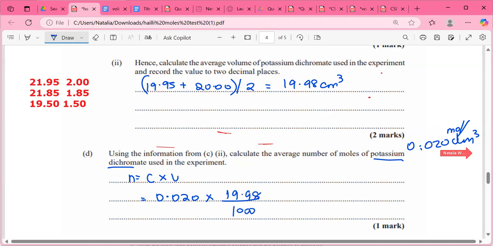We're doing this step to convert volume from centimeters cubed to dm cube. Anybody have an answer for me? Miss, 3.996 times 10 to the negative 4 mole.